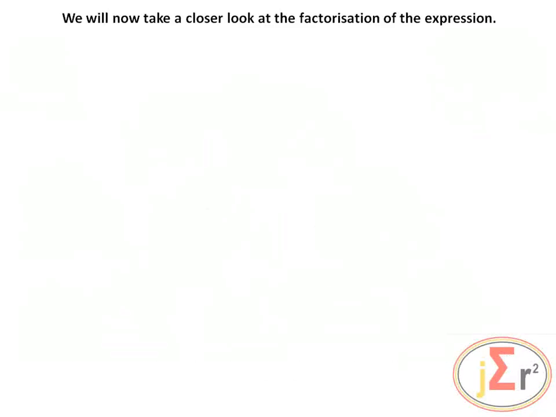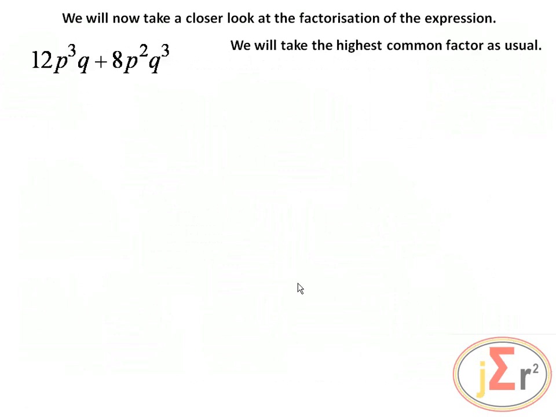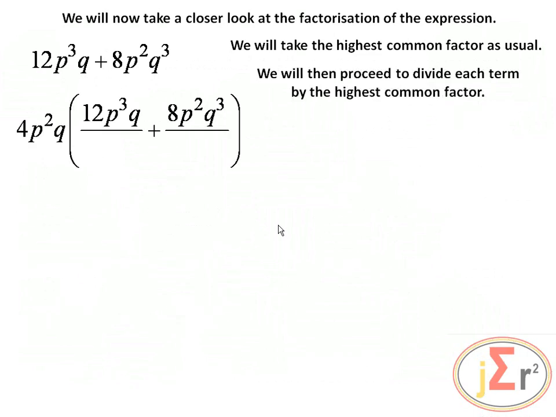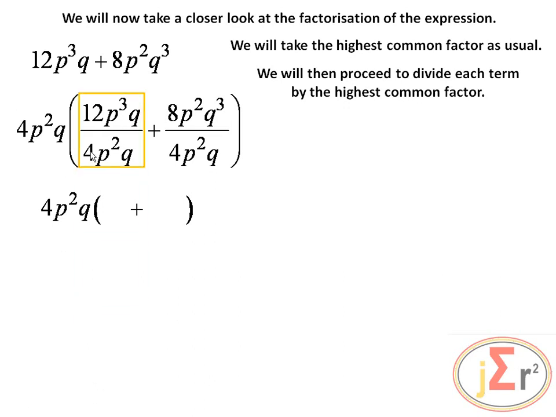We will now take a closer look at the factorization of the expression. We will take the highest common factor as usual, and we will divide each term by the highest common factor. And what do we know? Highest common factor is there. Then we say 4 into 12 is 3.